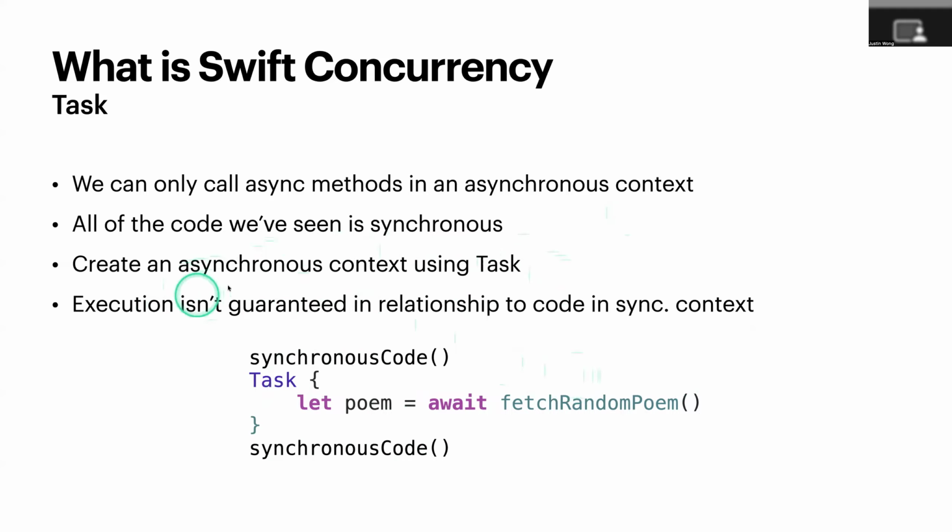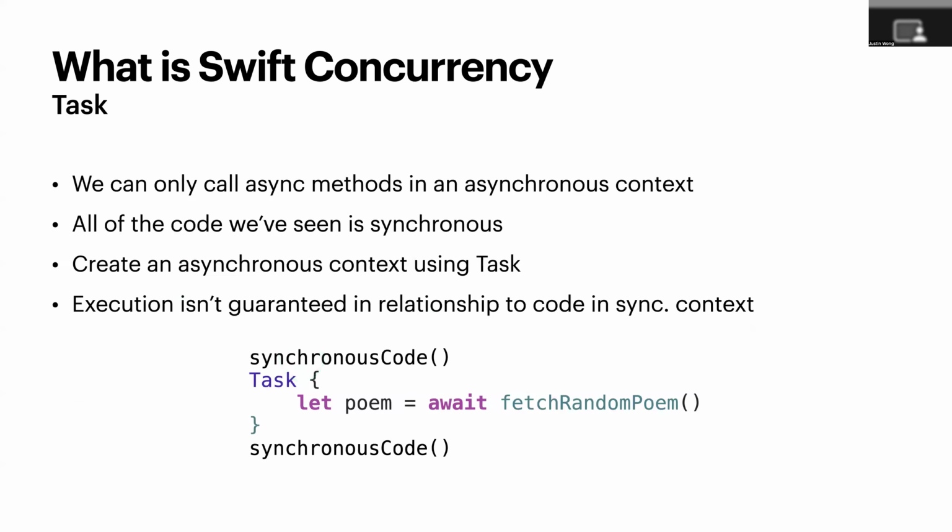So we're running here, synchronous code. All right, here's the task. We schedule the code within this task to be run at some future point in time, and then we keep on going. Again, this code might get run first, then this task. So the execution order isn't guaranteed. You've got to think about this task as its own block of code that's separate from everything outside of it.